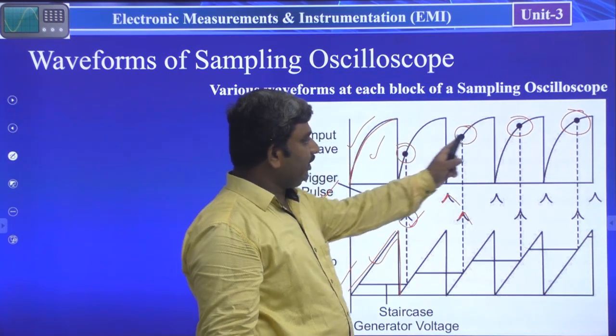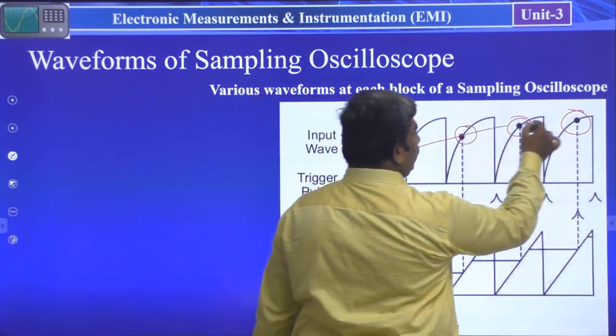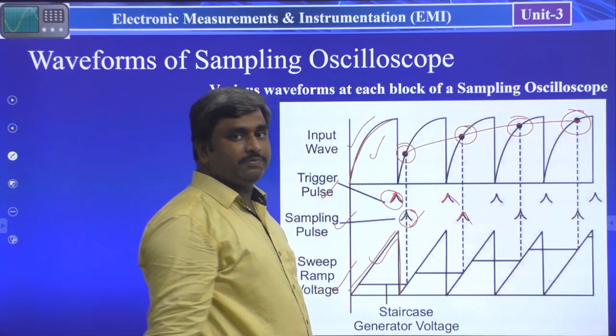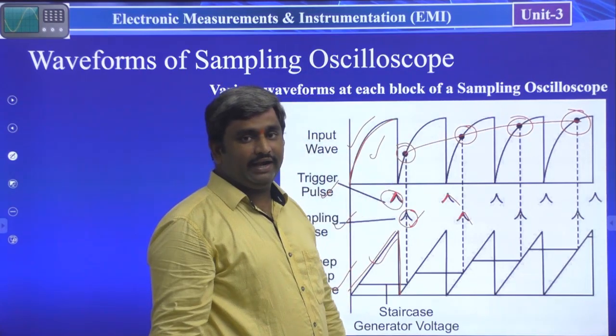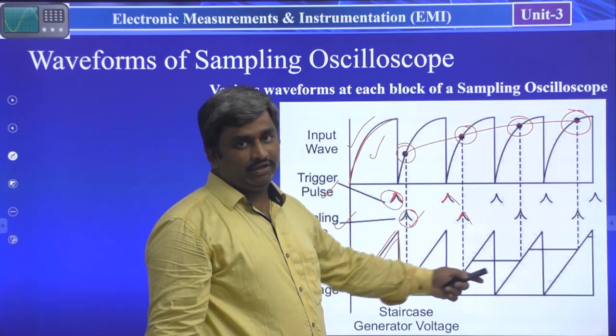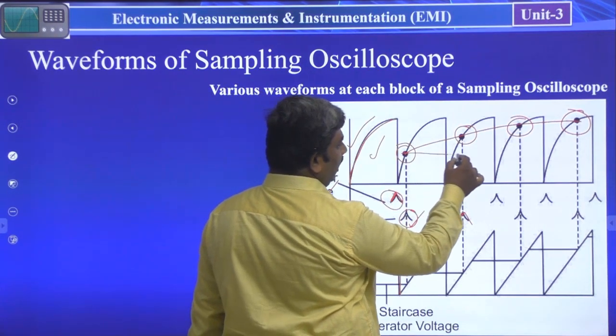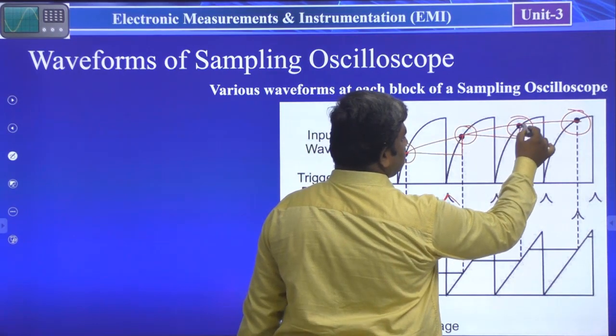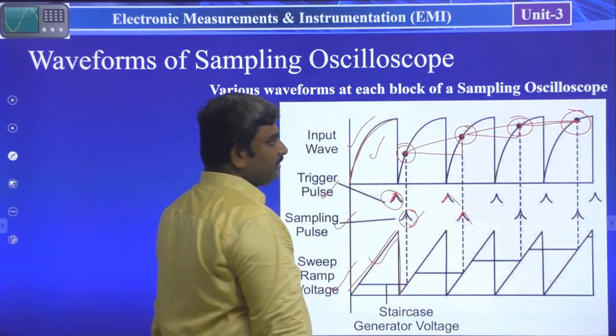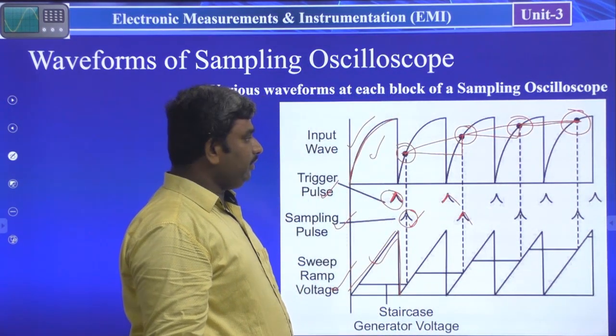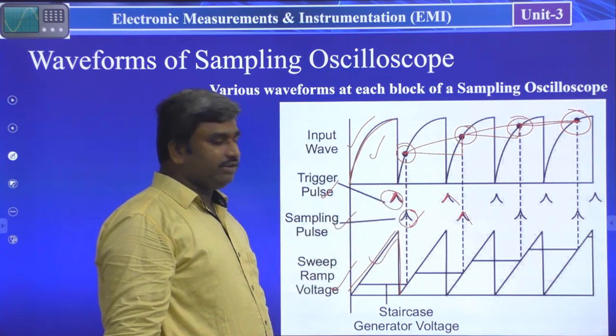So these are the different types of information we have collected with the help of the sampling gate. If you draw a staircase waveform, this is the staircase waveform behavior. Like this we will get this type of signal.